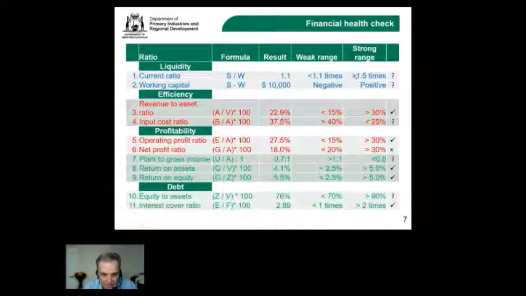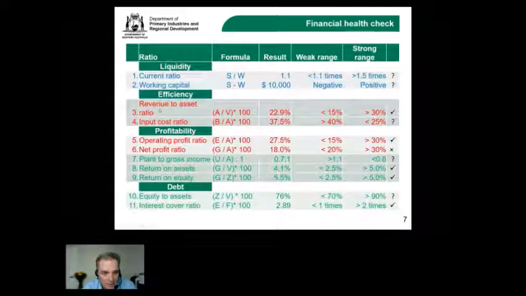A lot of banks would like it more than 1.5, especially once you've received all your grain payments and that sort of thing. But it depends when you're selling sheep, when you get paid. So I think we better reflect more on the cash flow when we get there than look too hard at liquidity ratios. Efficiency ratios are quite important.